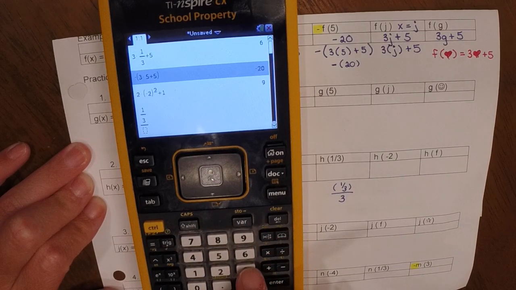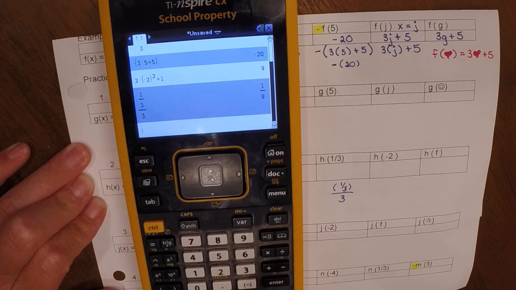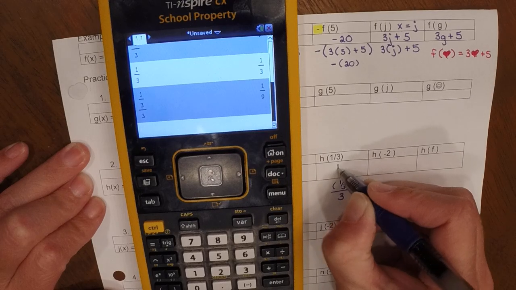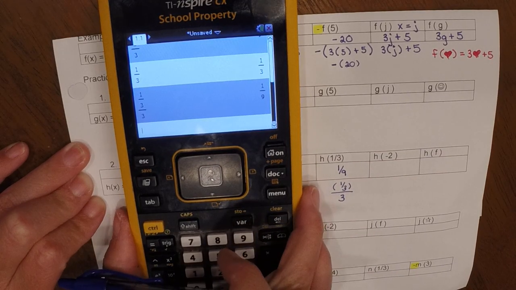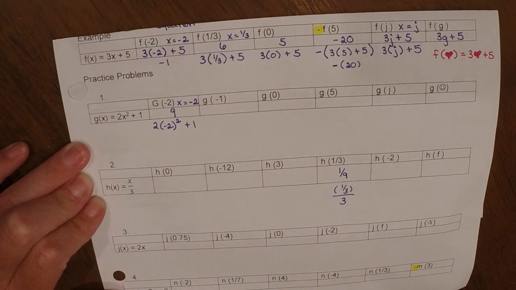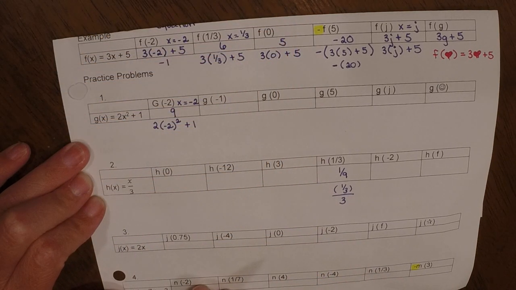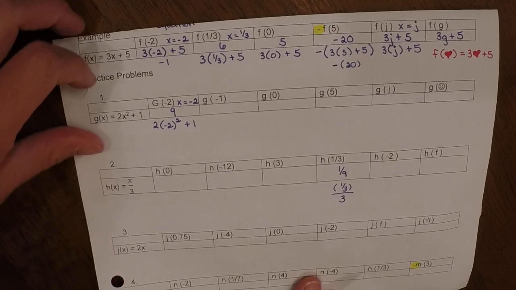And then on the bottom, put 3. And it says 1/9. So this answer would be 1/9. Good.